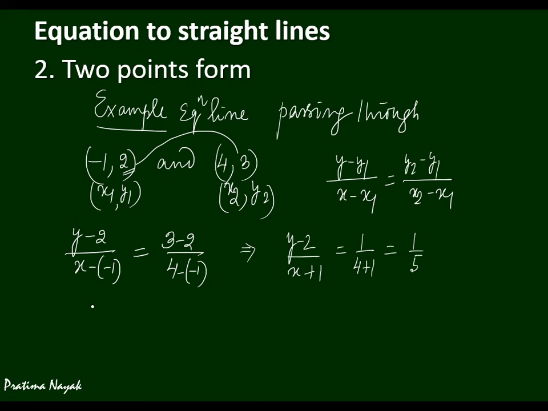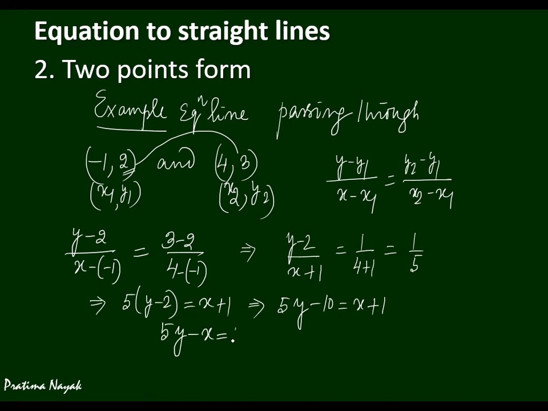Next you cross multiply. It will be 5 into y minus 2 is equal to x plus 1. Or you are getting 5y minus 10 is equal to x plus 1. Or you are getting 5y minus x is equal to 11. So this is the equation of the line passing through 2 points.